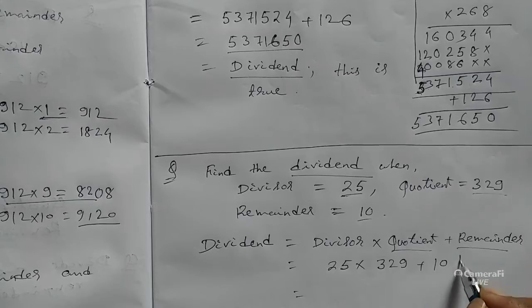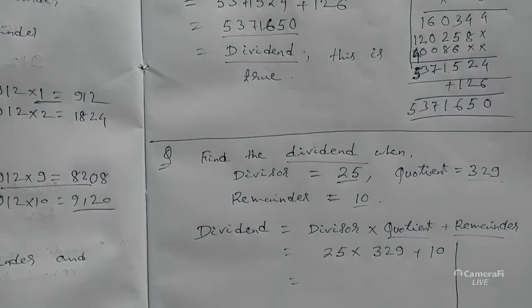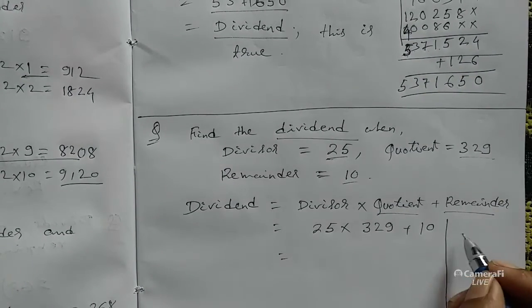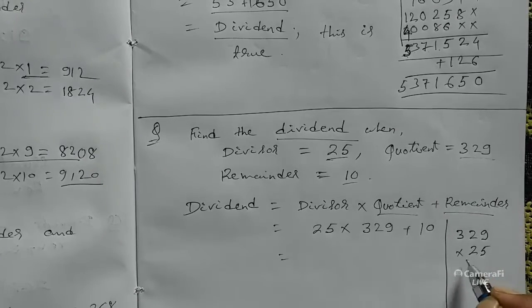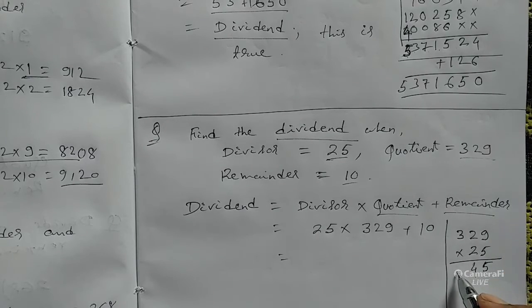Let us do it at the side. 329 by 25. Let us first multiply and find the result. 5 9s are 45, 4 carry, 5 2s are 10 plus 4 is 14, 1 carry, 5 3s are 15 plus 1 carry 16, by 2, 2 9s are 18, 1 carry, 2 2s are 4 plus 1 is 5, 2 3s are 6.